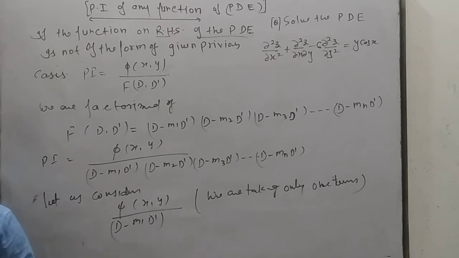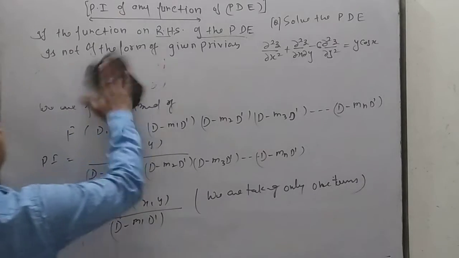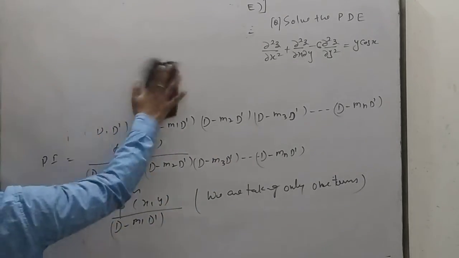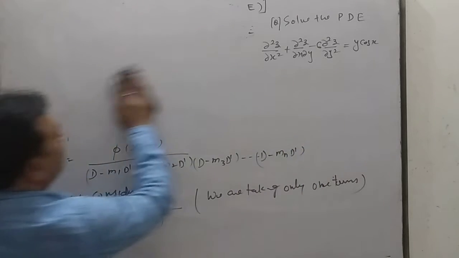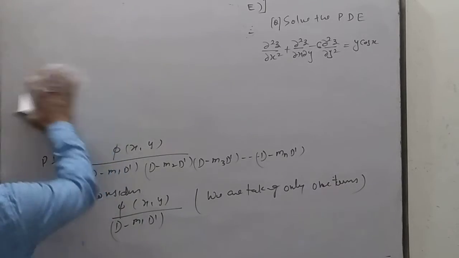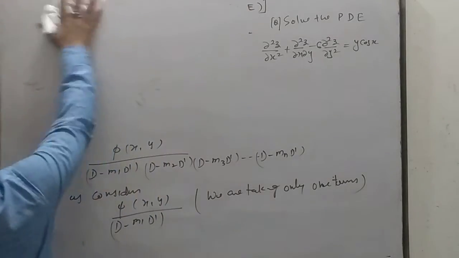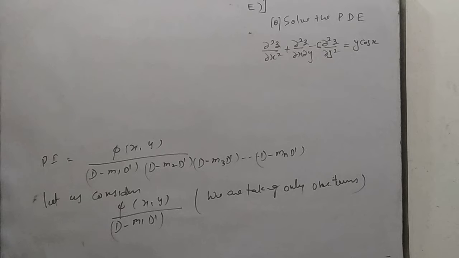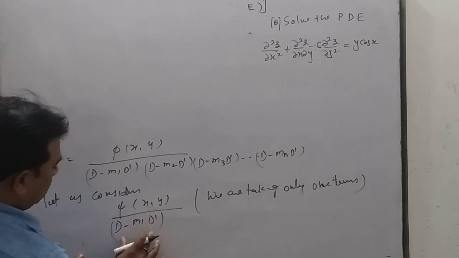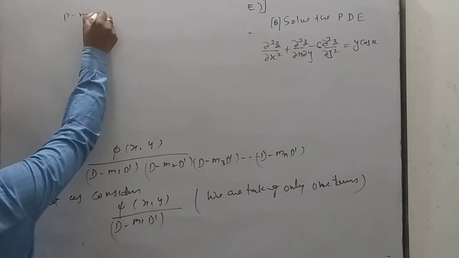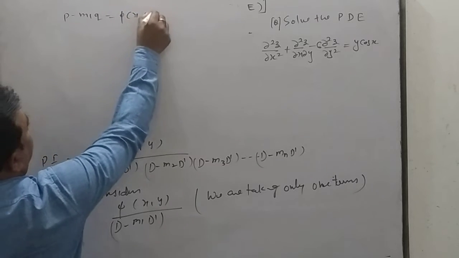Please make a note. We discuss this method: D minus m1 D dash of z equal to phi of x comma y.